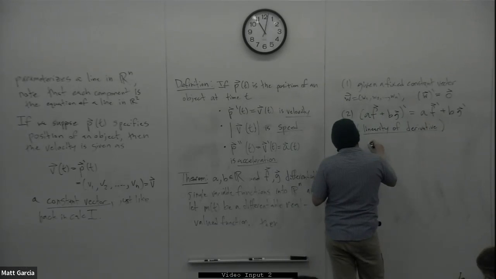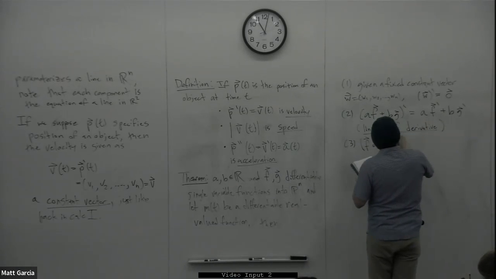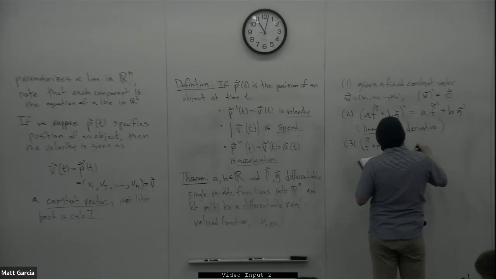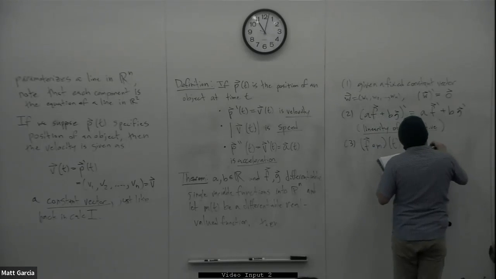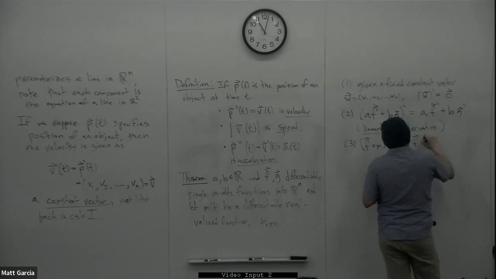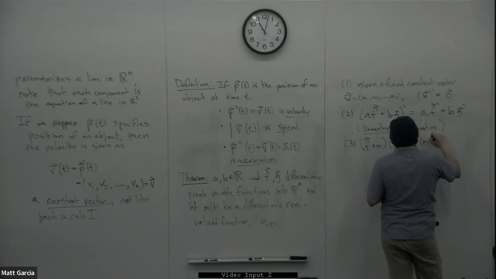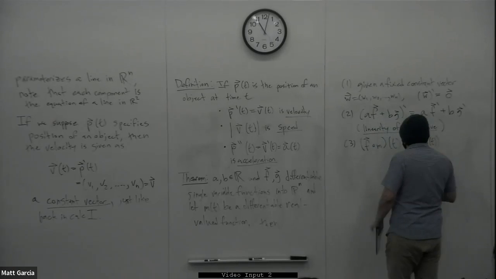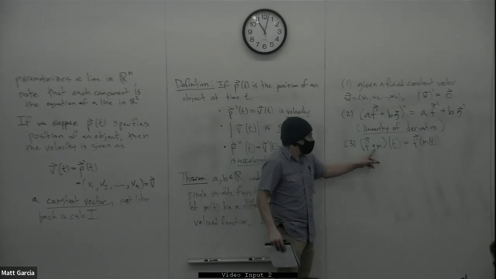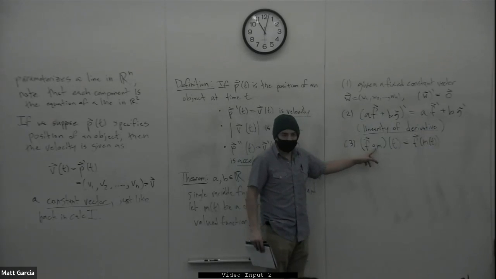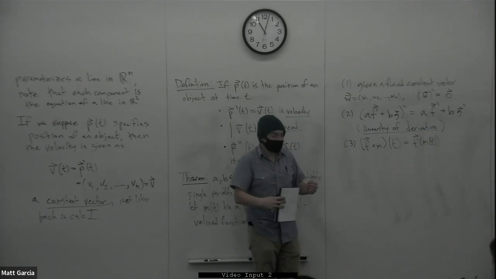This is a form of the chain rule. F hat composed with m of t is equal to f hat of m of t. Are we familiar with this definition? The open circle is the composition of functions.